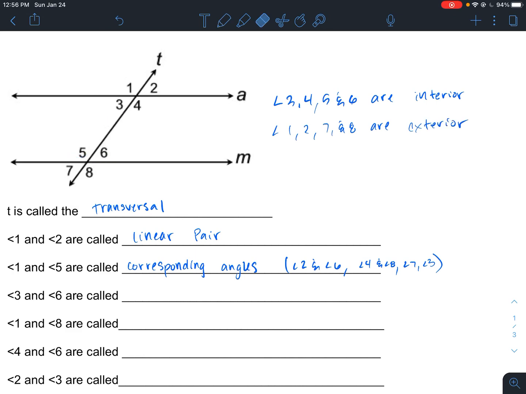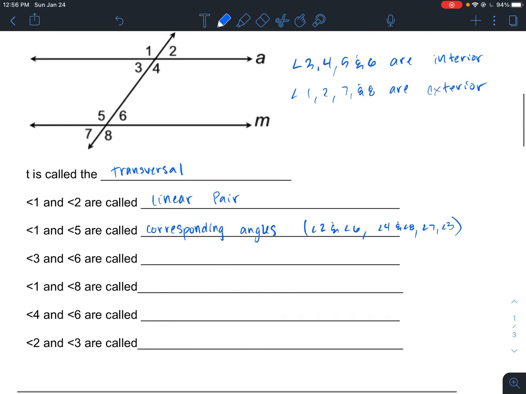Okay? So angles 3 and 6, we call them alternate interior angles. They are alternate interior angles because we go from 3 to 4, but then 4 to 6.